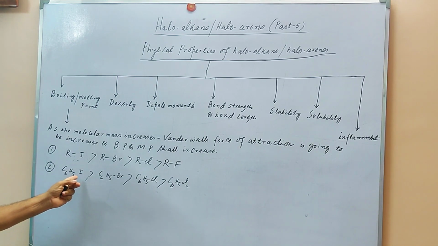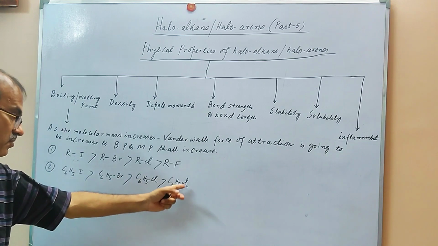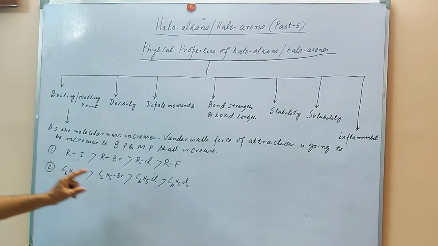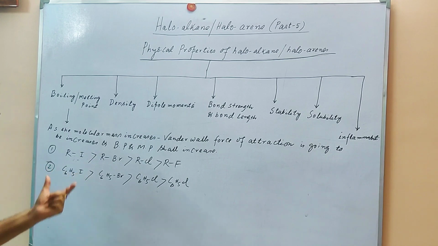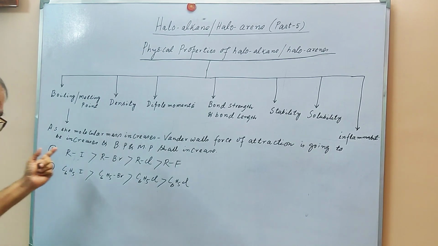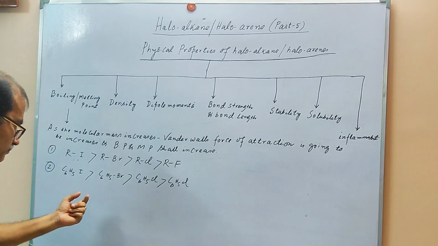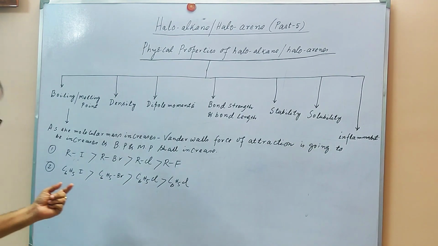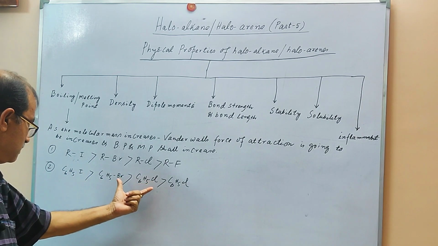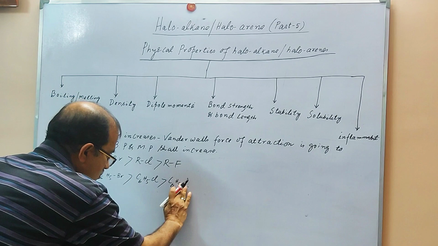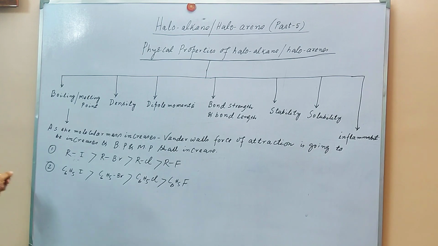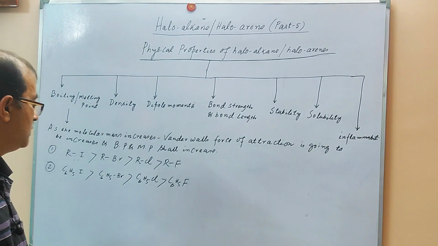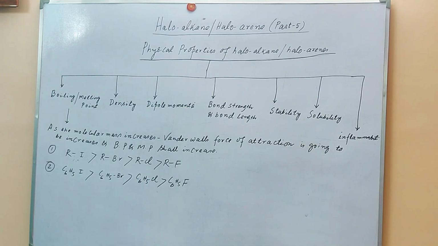In aryl halides also, when the halogen changes, C6H5I has the highest boiling point, followed by C6H5Br, bromobenzene, and then chlorobenzene.